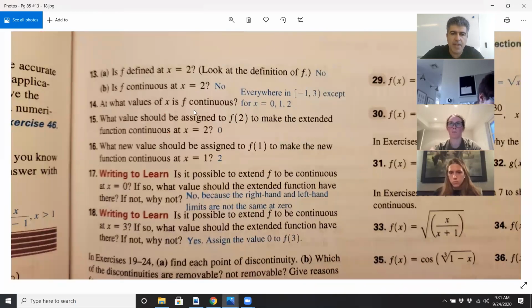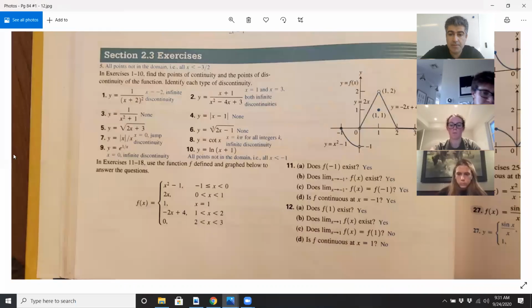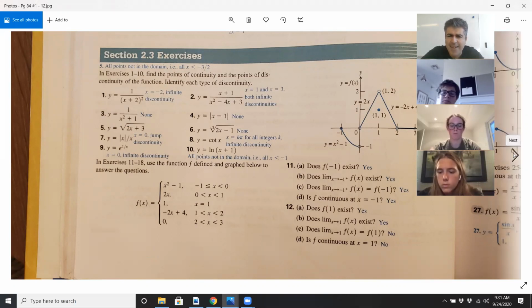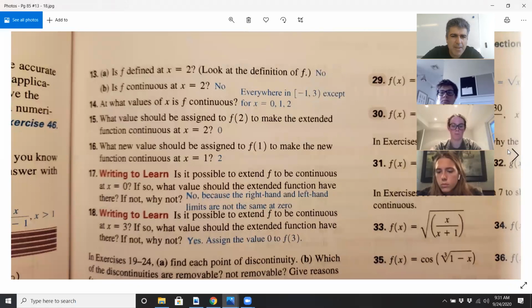At what values of x is f continuous? 0, 1, and 2. And someone's curious why it's continuous at 0. I don't know. It's not continuous there. Wait, let me read that one more time.